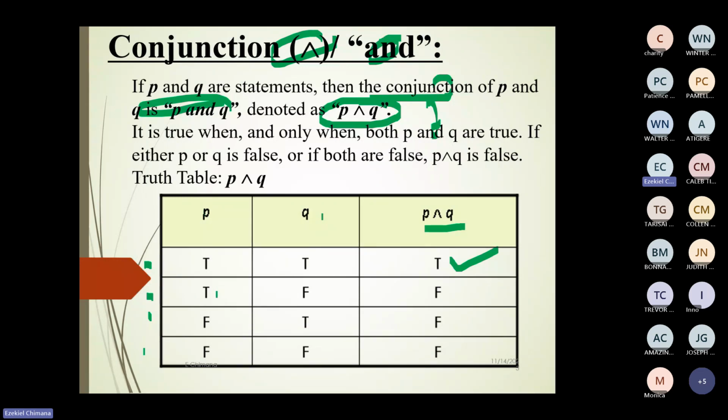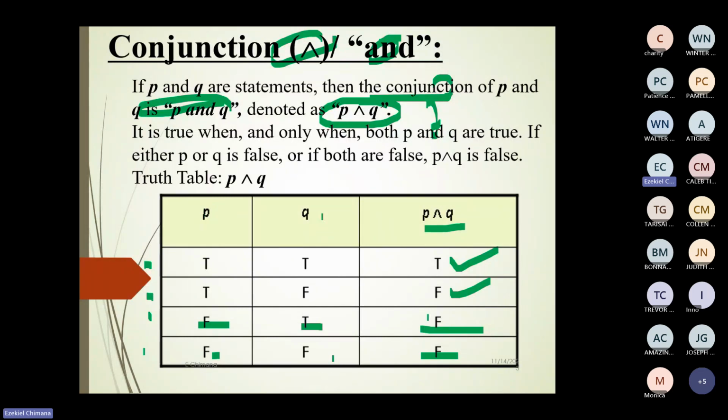Then if it is true and false, we are just going to have something which is false. You are joining something which is true and something which is false, what you are going to get is false. It's just the same. False and true is false. False and false is always false. If you are joining something which is false with something which is false, you are going to get a what? A false.